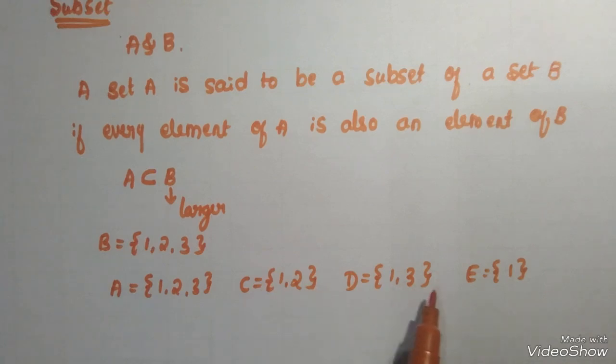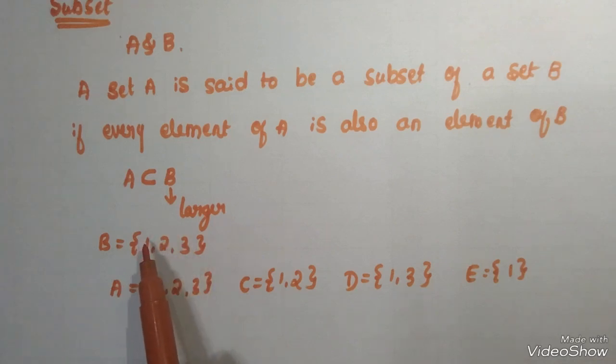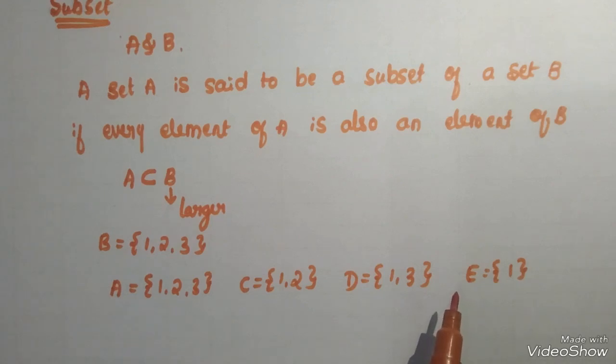These are all called subsets. If B is one set, by using the set B we create many sets, and these are called the subsets.